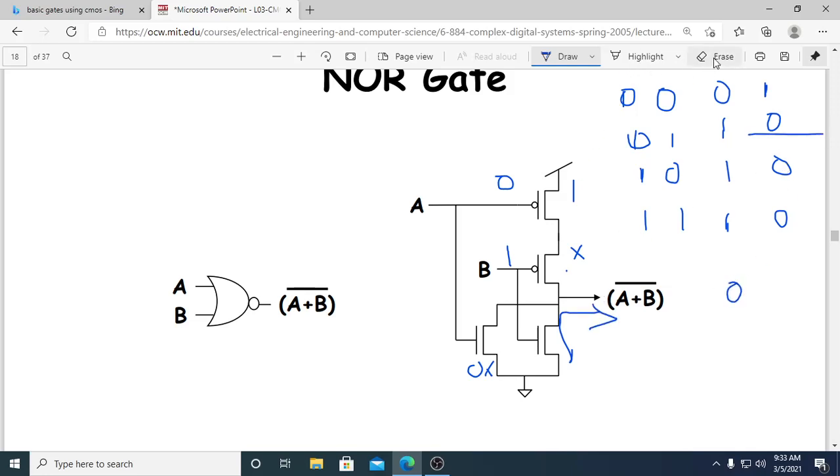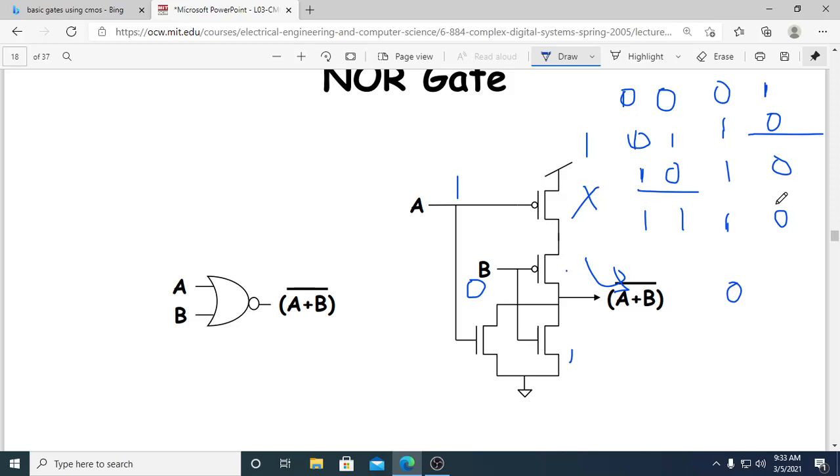Third case: 1 and 0. So here is 1, here is 0. So 1 is there, this is turned off, and this is turned on. That's why this 1 is not passed to my output.